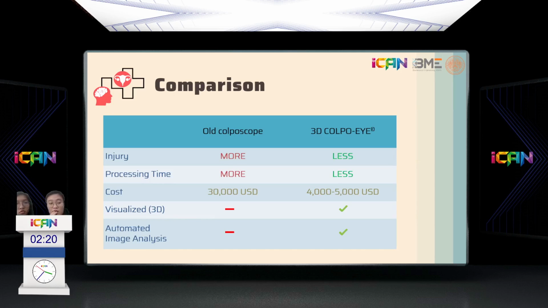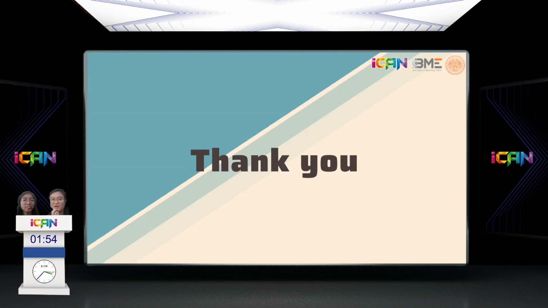For the cost, the old colposcope is around $30,000, but our 3D ColpoEye is around $4,000 to $5,000. And the last is the strength of our 3D ColpoEye: having 3D visualization and an automated image analysis system. Okay, thank you.